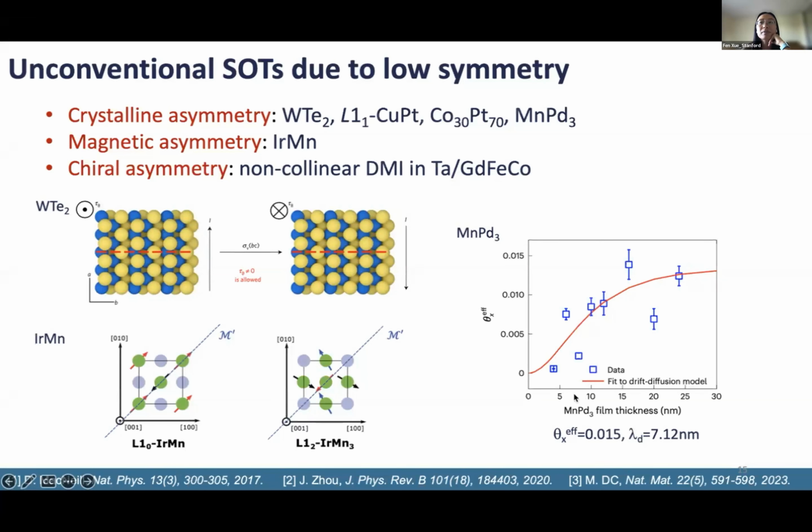But this material can also be engineered to get a significant X polarization efficiency of about 0.0115, which is also very significant for field-free switching.